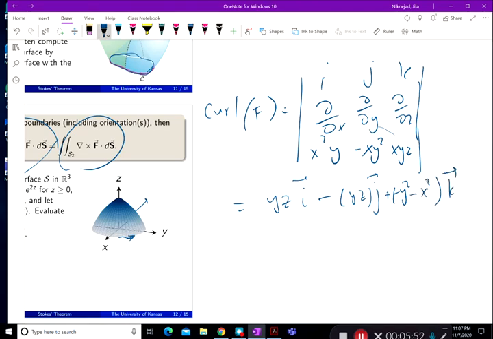Okay, so I found the curl, which is this.